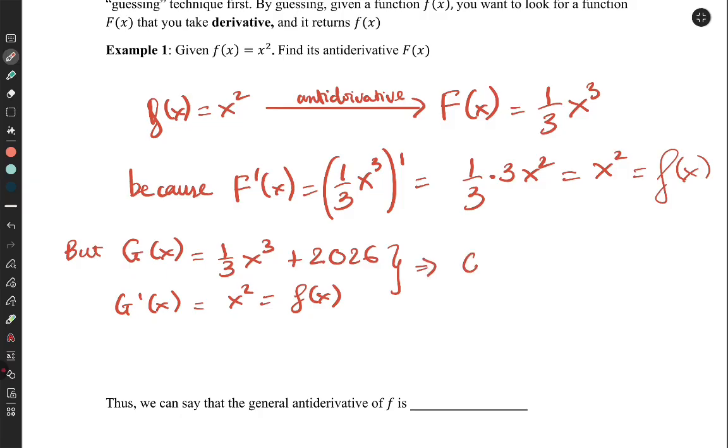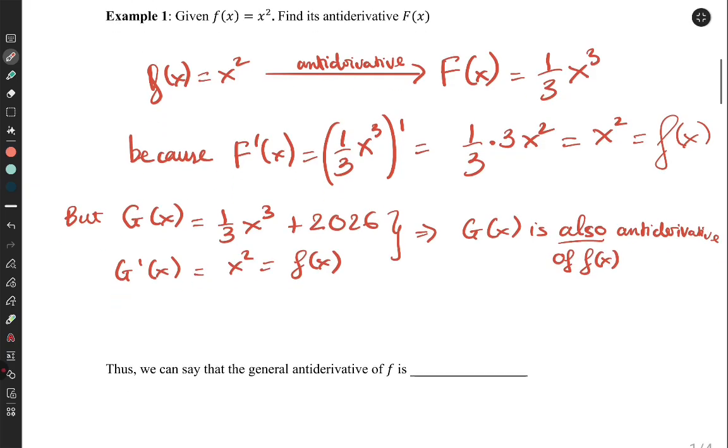You just prove that the capital G is also, I use the word also, that means another one, antiderivative of f of x. You can see the picture, right?